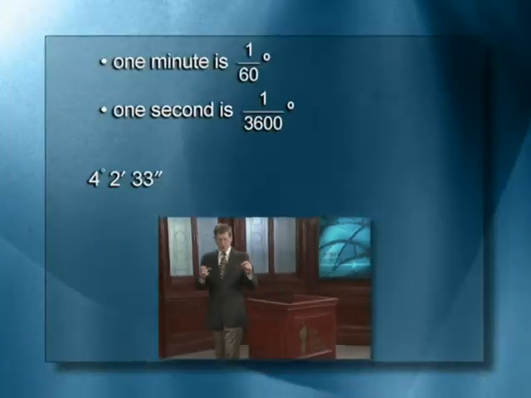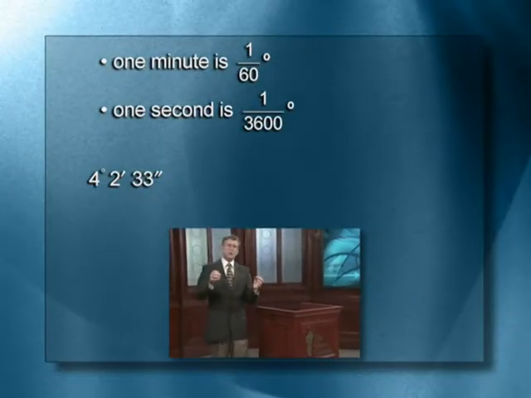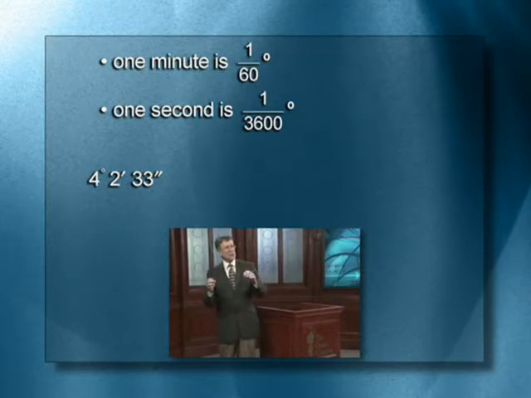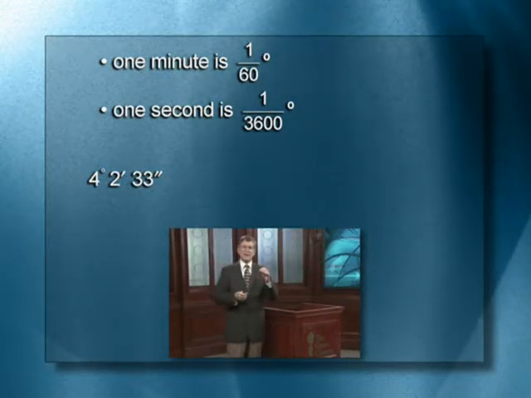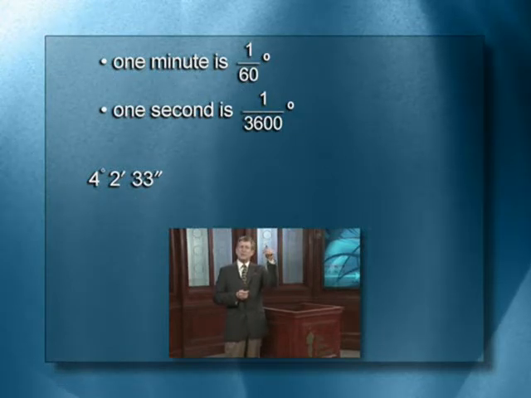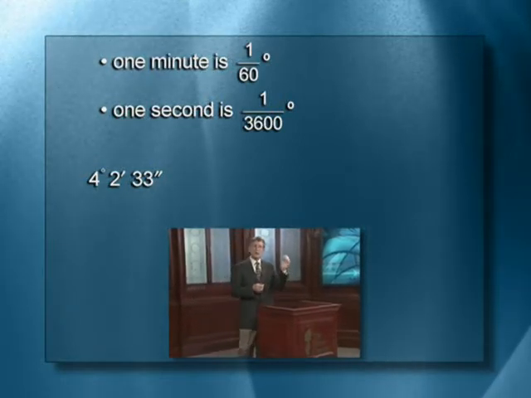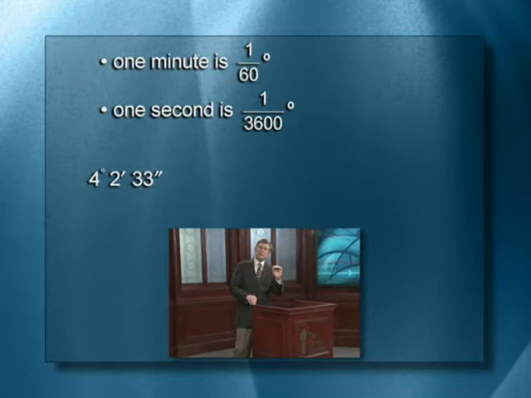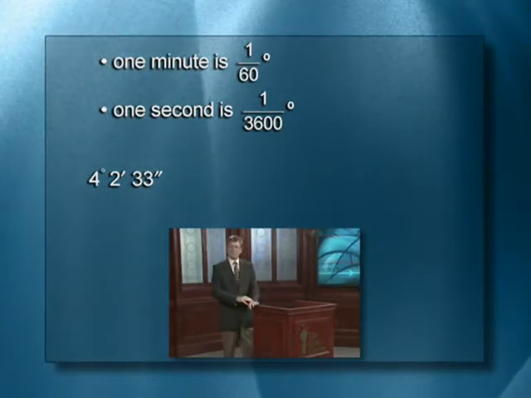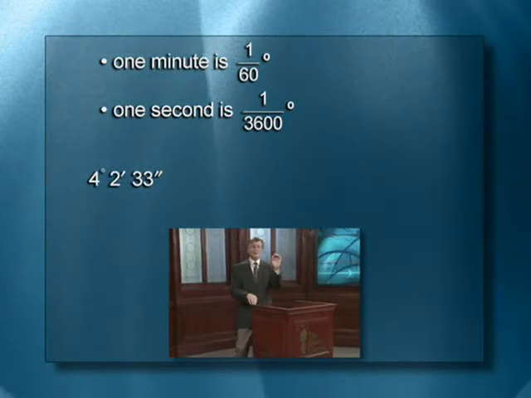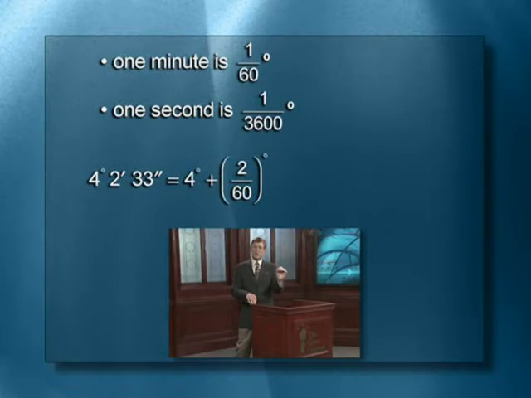Suppose somebody tells you that an angle measures 4 degrees, 2 minutes, 33 seconds. And the symbol for that is the minutes are a single little apostrophe or dash, and 33 has 2 little symbols there. So 4 degrees, 2 minutes, 33 seconds. How many degrees is that? Well, it's not hard to do because you can convert the minutes to degrees by saying, oh, it's 2/60.